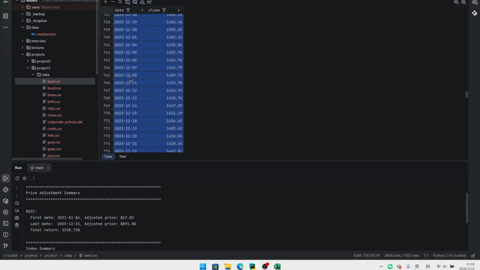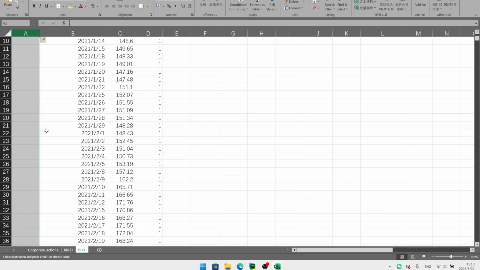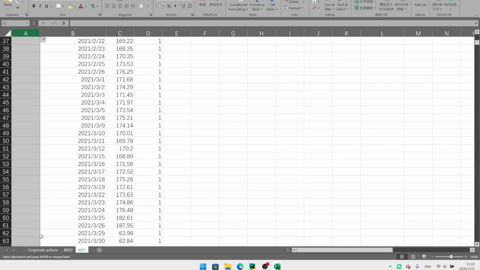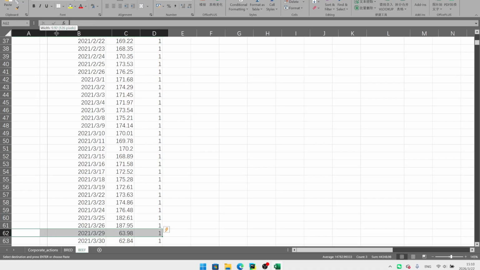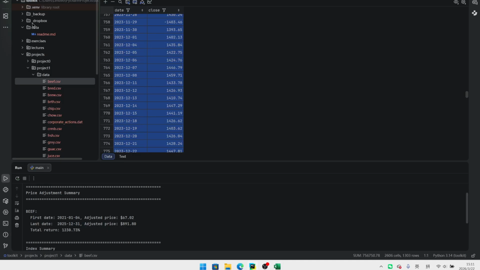Insert in here, and we can find the match, so I think maybe we can use the match, Control V here.